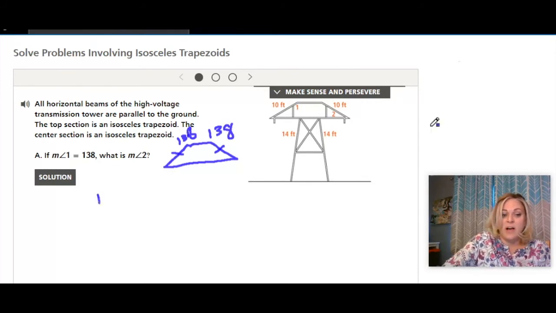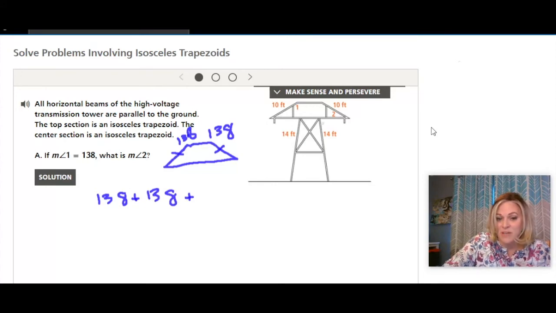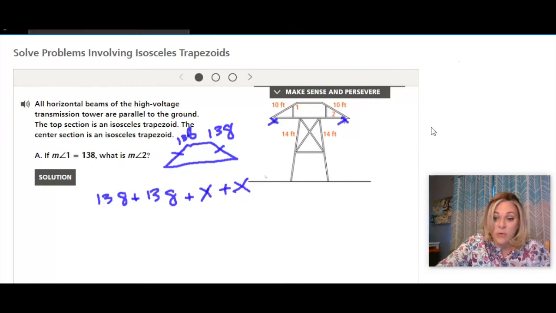Okay, so I've got 138 plus 138 plus this angle 2. But there's two of them, so I'll just call this x and this x. So x plus x. And I'm hoping you remember that a 4-sided polygon has to equal 360.